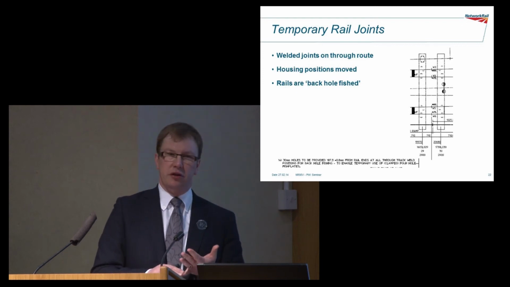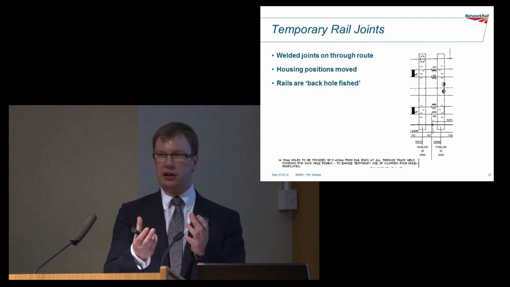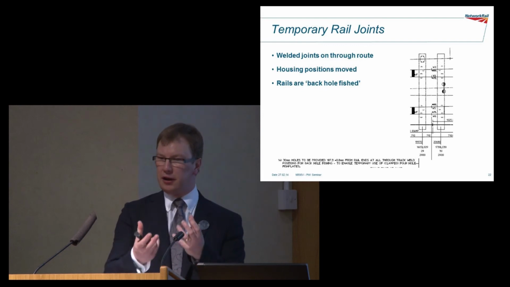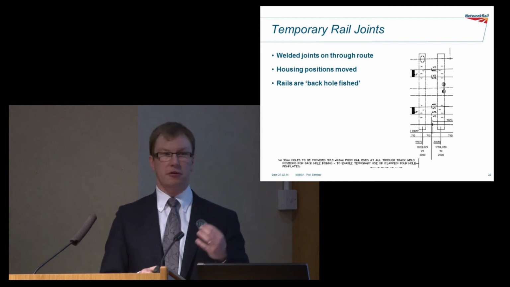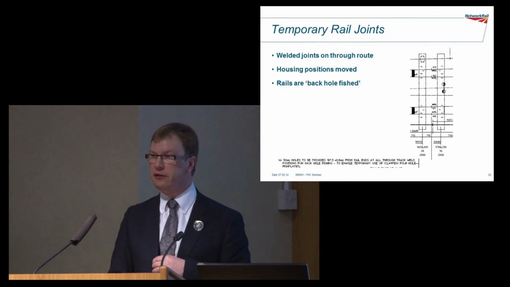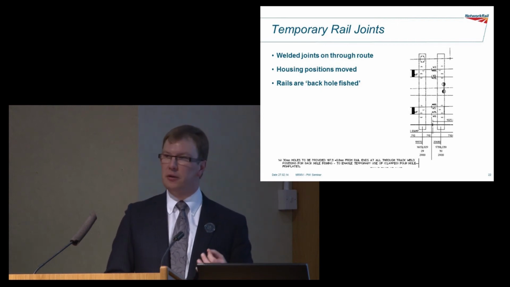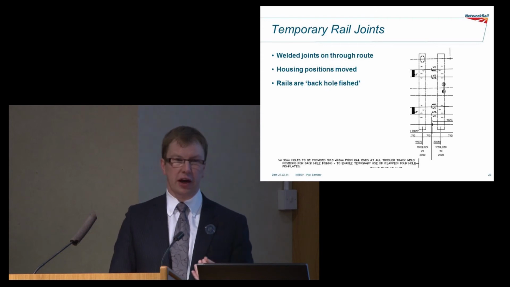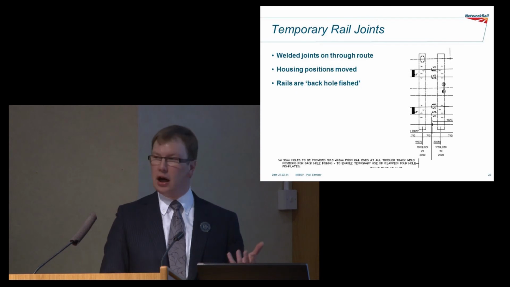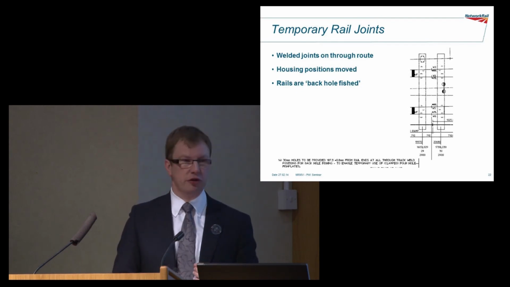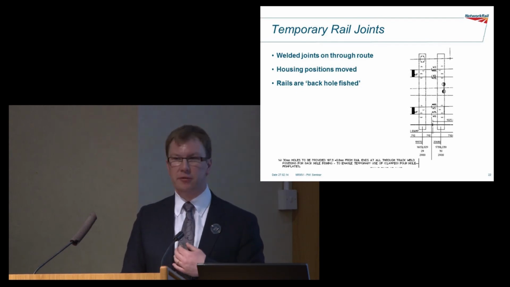We've had 1 or 2 isolated incidents where, with the traditional method of clamping fish plates on, the actual clamps have come loose, and we've ended up with quite a dangerous situation there. So we wanted to avoid that, but also there's pressure from projects to actually raise the line speed when they hand back. And one of the requirements, if you're going to go down that line, is you need to have a secure joint. So the backhole fishing helps us to do that.